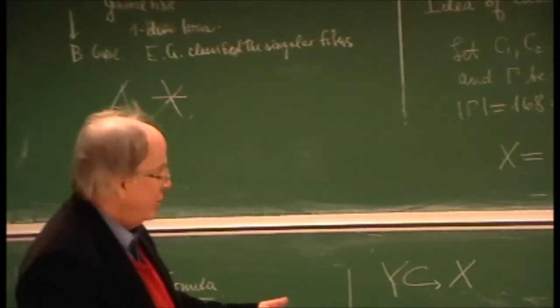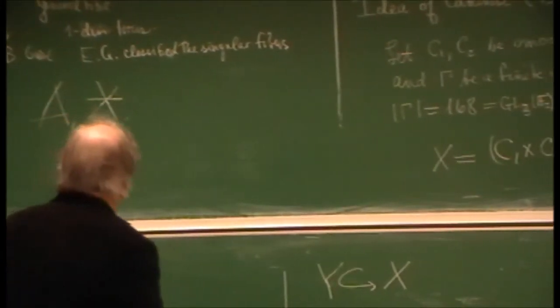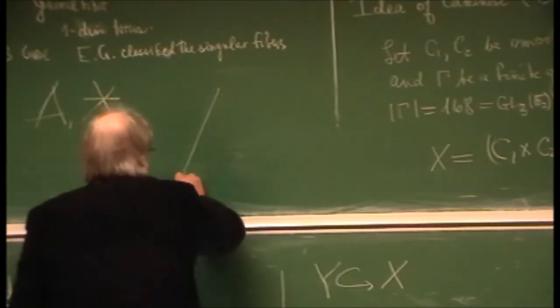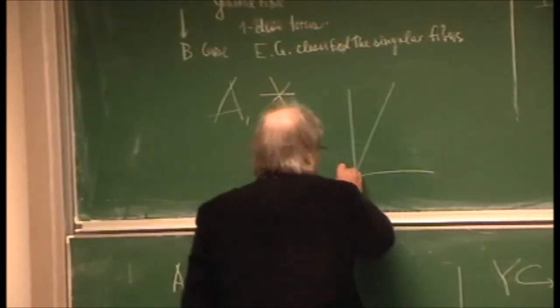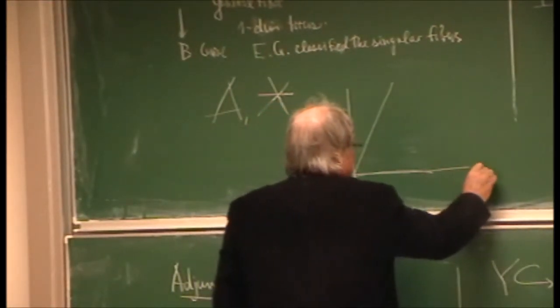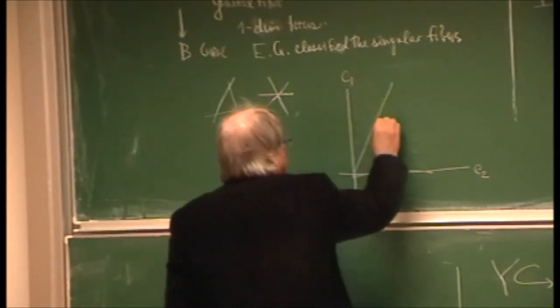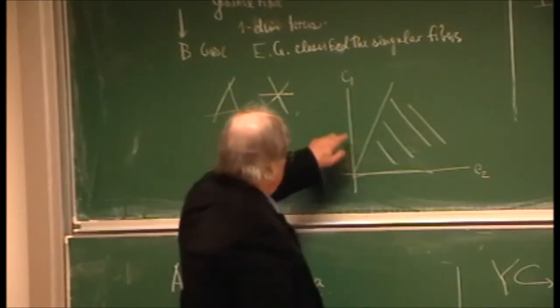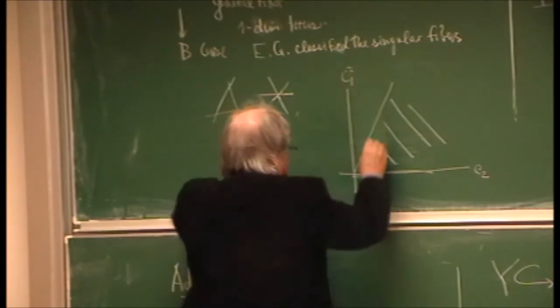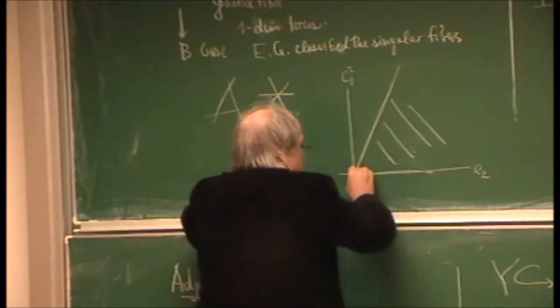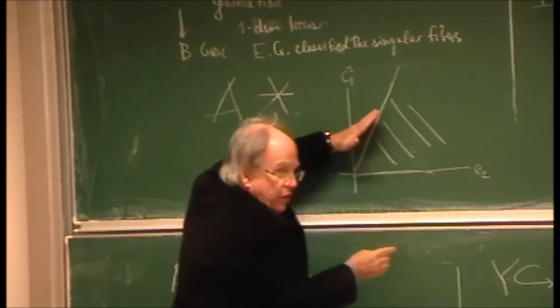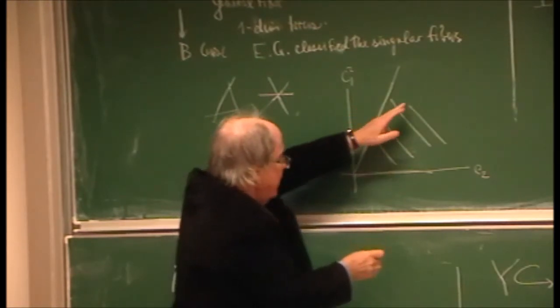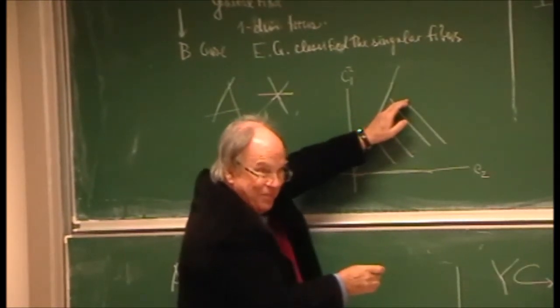And let me just say, there are regions. If you write down here C2 and here C1, or C1 squared probably, there's some region in here where all inequalities that you can find allow surfaces of general type.